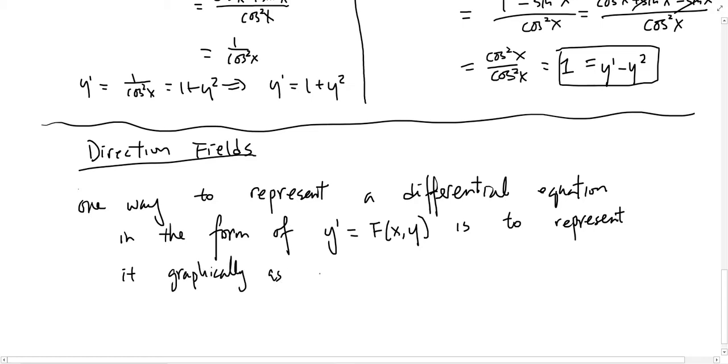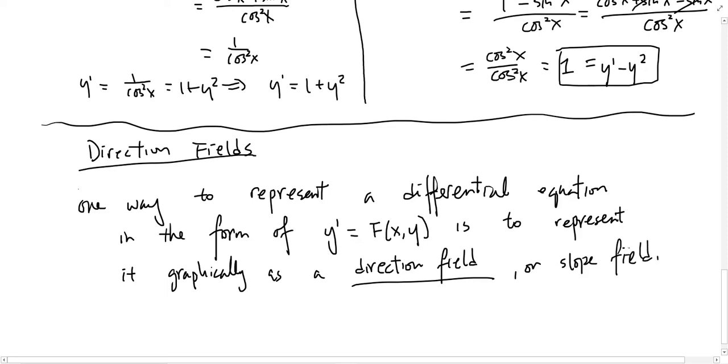As a direction field, or a name that's probably more familiar to you, a slope field. The direction is represented by using a tiny little line that gives you the slope.